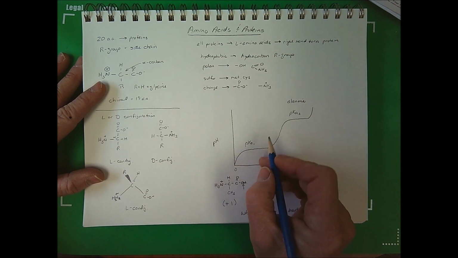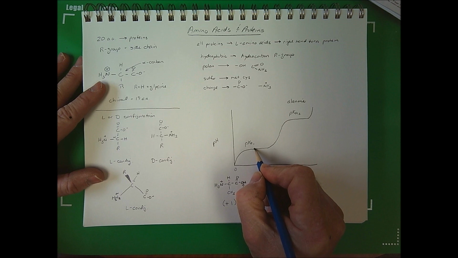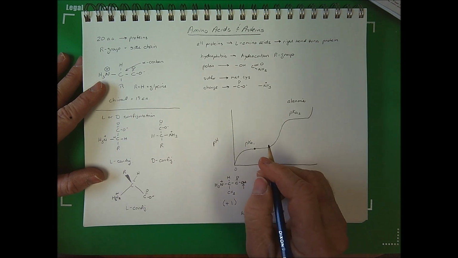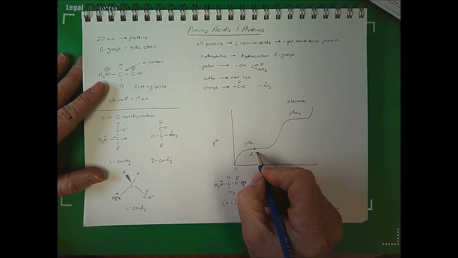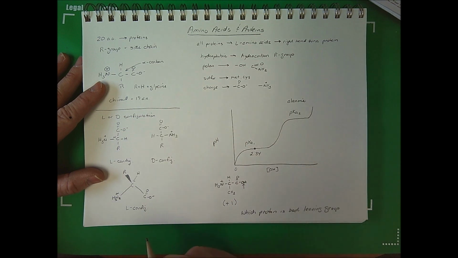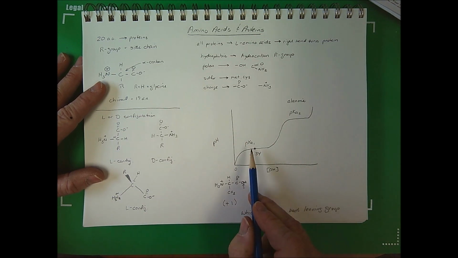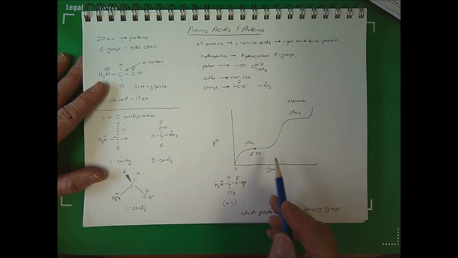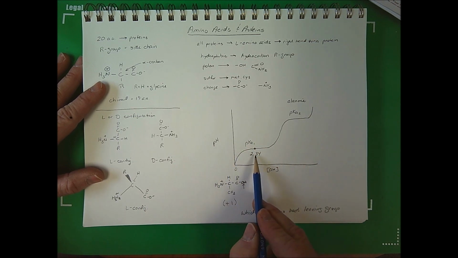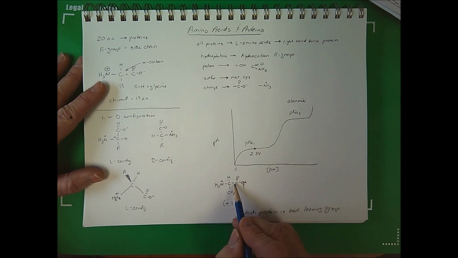So the first pKa here is 2.34. And the definition of this pKa1 is that at a pH of 2.34, 1/2 of these carboxyl groups will be in the protonated form, 1/2 of these will be in the deprotonated form.